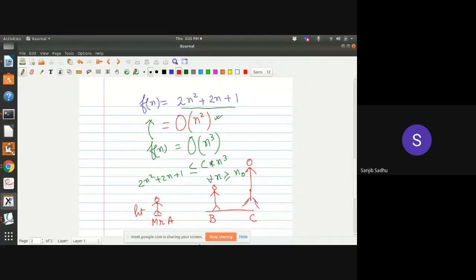He says my height is less than the height of B. Or he says that my height is less than the height of C. I know the heights of B and C.